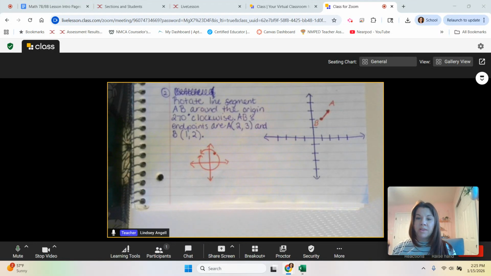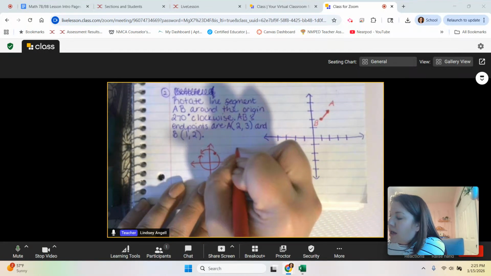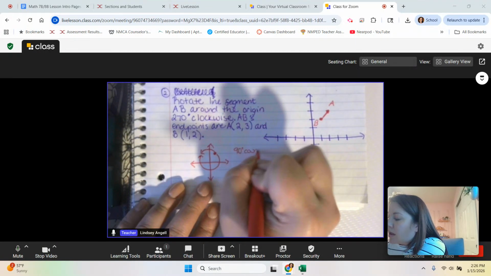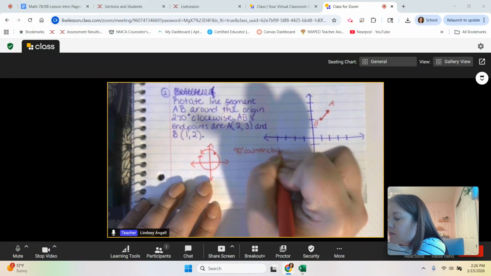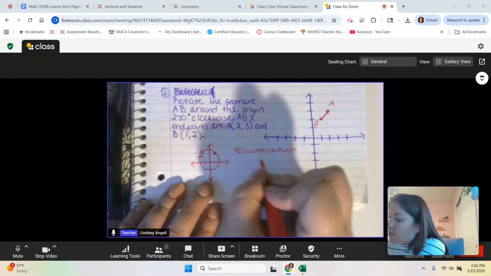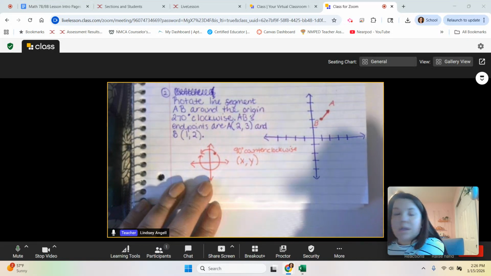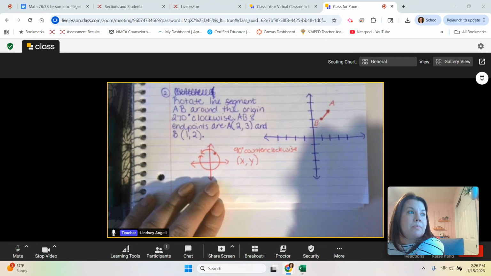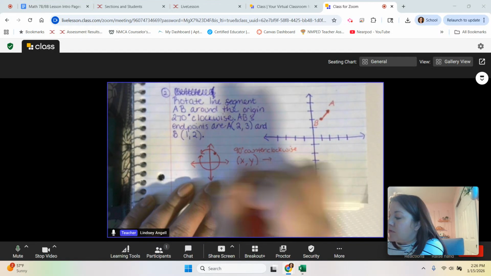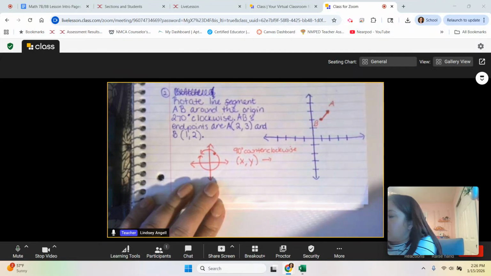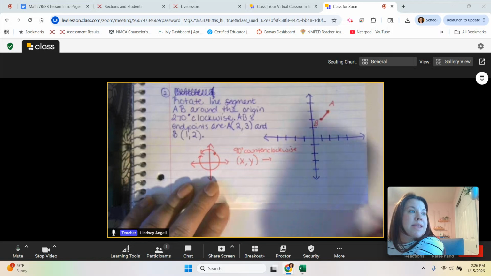So without even having to go 3/4 of the way around, let's just go 90 degrees, okay? So a 90 degree counterclockwise rotation, the rule that we learned, you have your original x and y, and then you're moving to negative y, x.